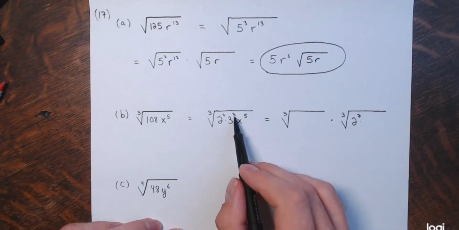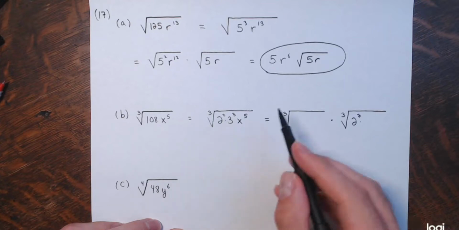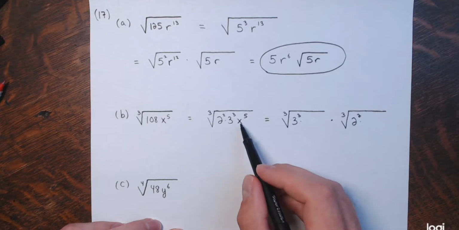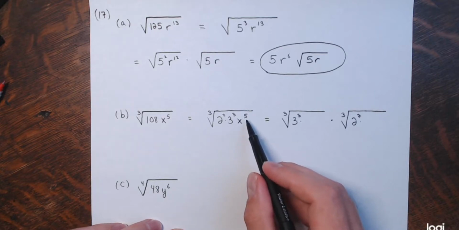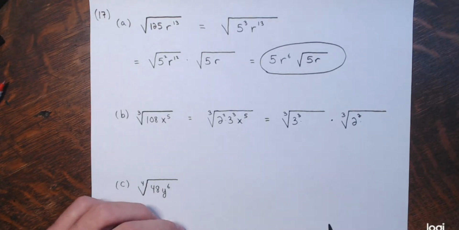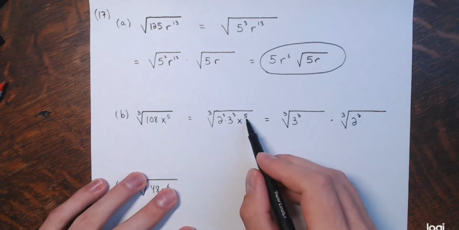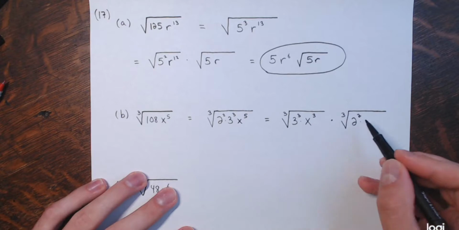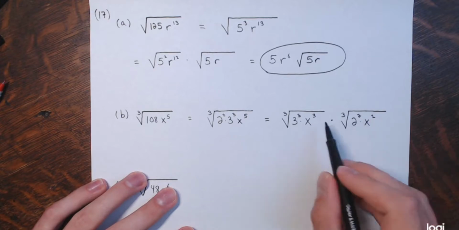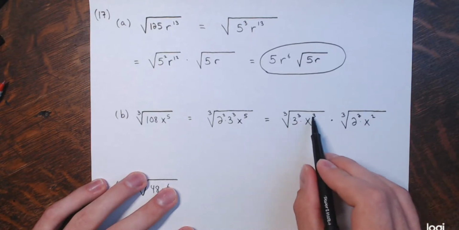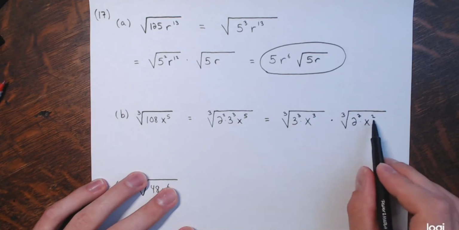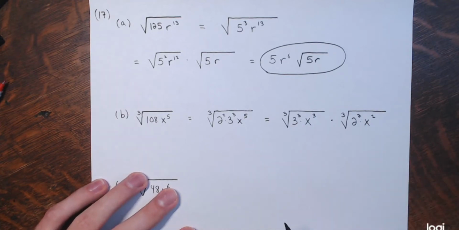Now 3 cubed is a cube, and so that's going to go in the cube radical. The x to the 5th needs to be split up. 5 is not a multiple of 3, but it's not less than 3 either. So x to the 5th, I can break that up to x cubed, right? There's a cube, times x squared. Right, so again, all the powers in here are multiples of 3, so I got my perfect cubes. All the powers in here are less than 3, so they're not perfect cubes. No factors that are perfect cubes.